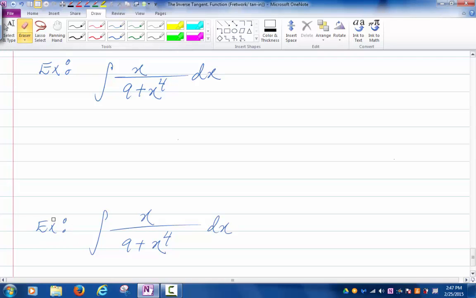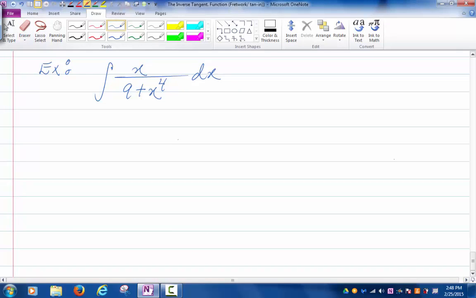x equals to what? 3 squared. Oh, x equals a square root of u, you're saying? 3 square root of u. Yes. And why are you saying that? Because that's going to give you what?